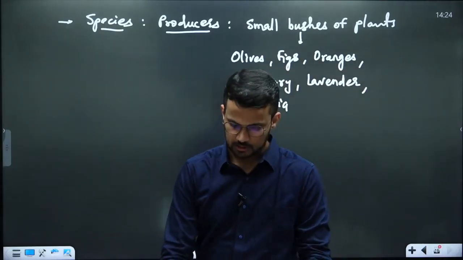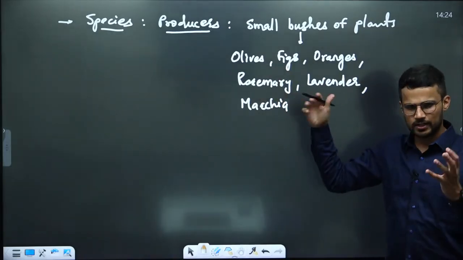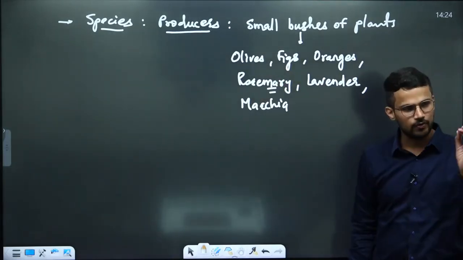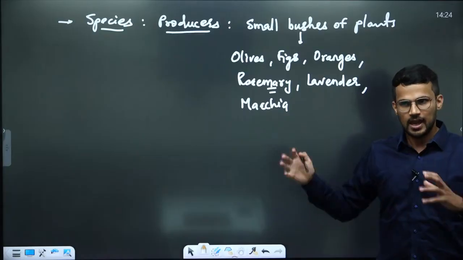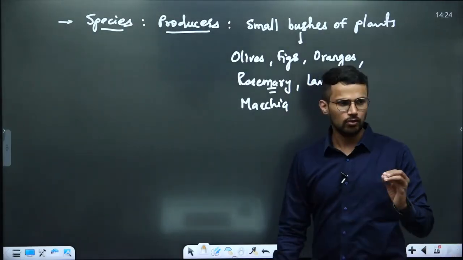So these are the plants that you should be aware of. Here, अगर आप इन्हें विजुअलाइज करेंगे या घर पे जाके गूगल करेंगे तो you'll find that they are not very big trees. That's why they are acting as a kind of raw material for the occurrence of fire.